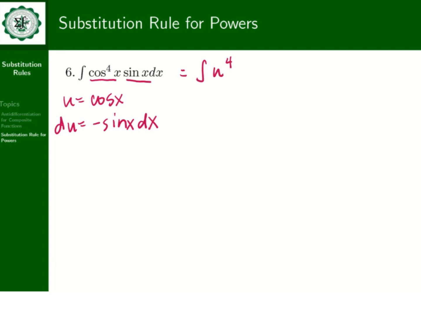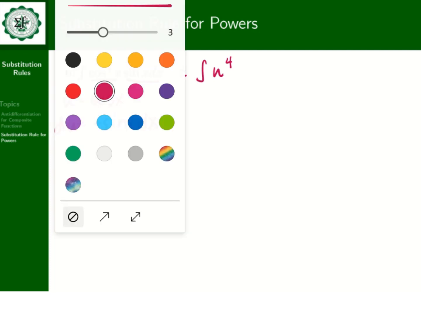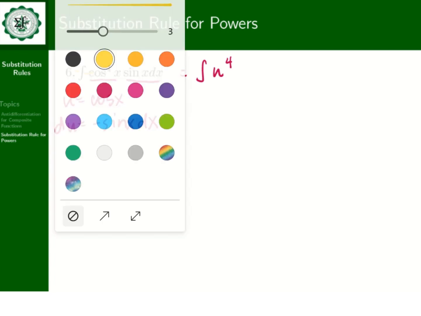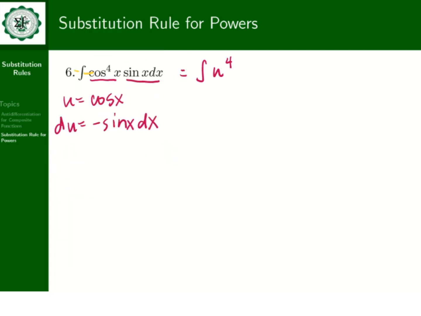However, our given contains sine x dx, whereas in our substitution we have negative sine x dx. So what we could do is introduce again negative 1 in the given, and to correct this we put a negative sign outside, or we put negative 1 outside. Thus our given, in substituted form, becomes negative times the integral of negative 1 times u to the fourth.